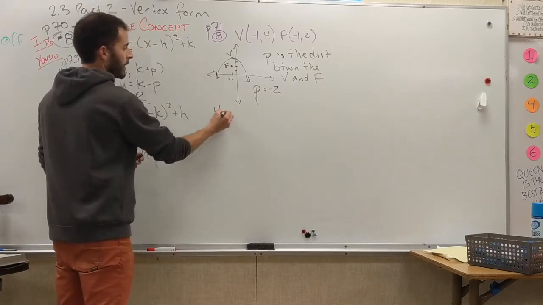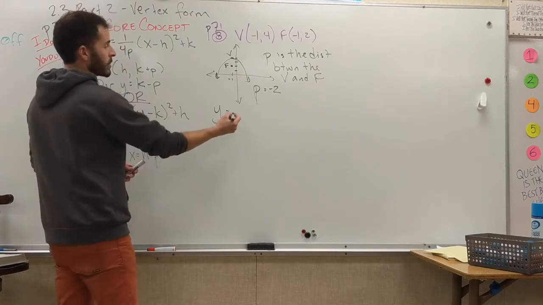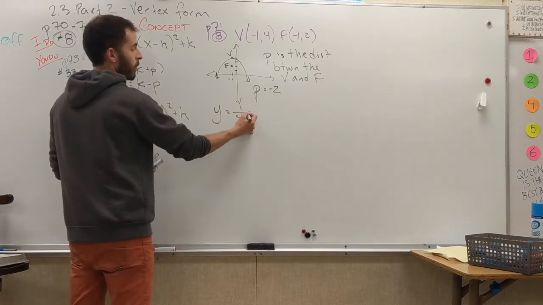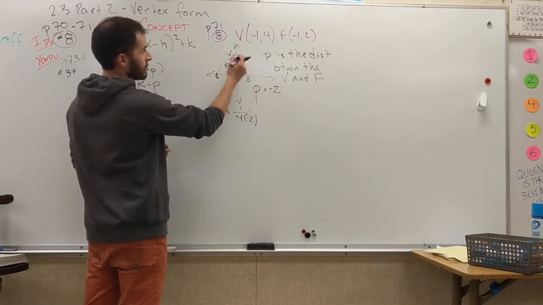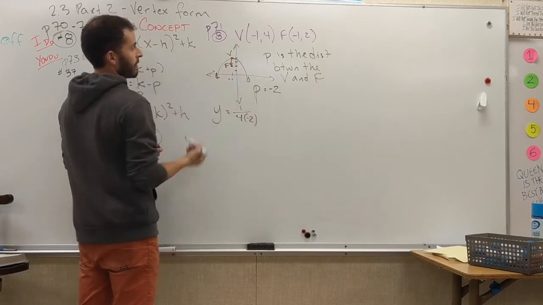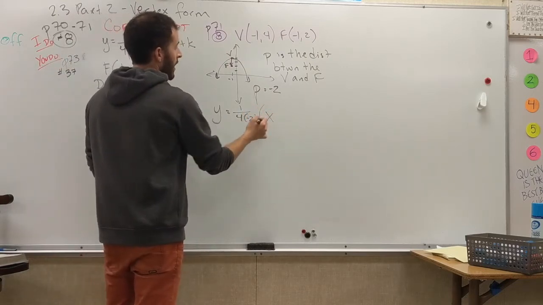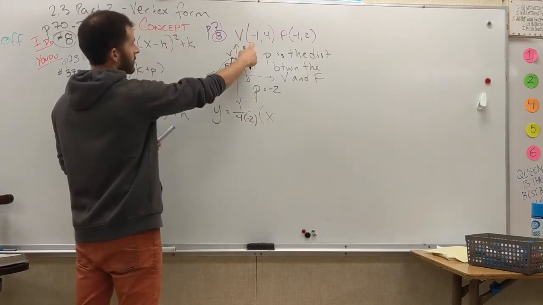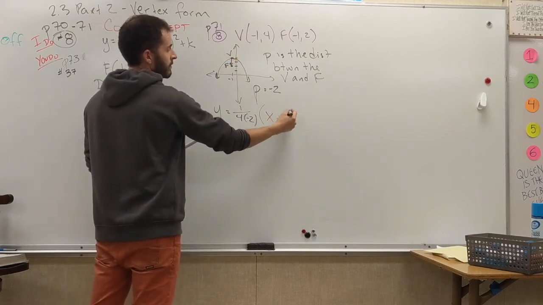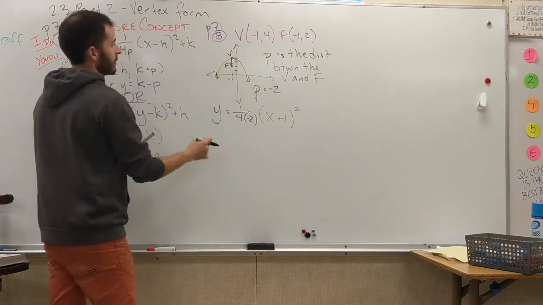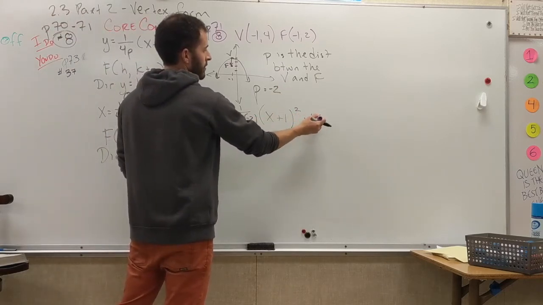So I have y equals, and I know from the equation it's 1/4P times, and I found my P because it's the distance between the vertex and the focus. It's times the quantity of x minus h, so minus -1, or the opposite of -1, squared, and then plus k, so plus 4.